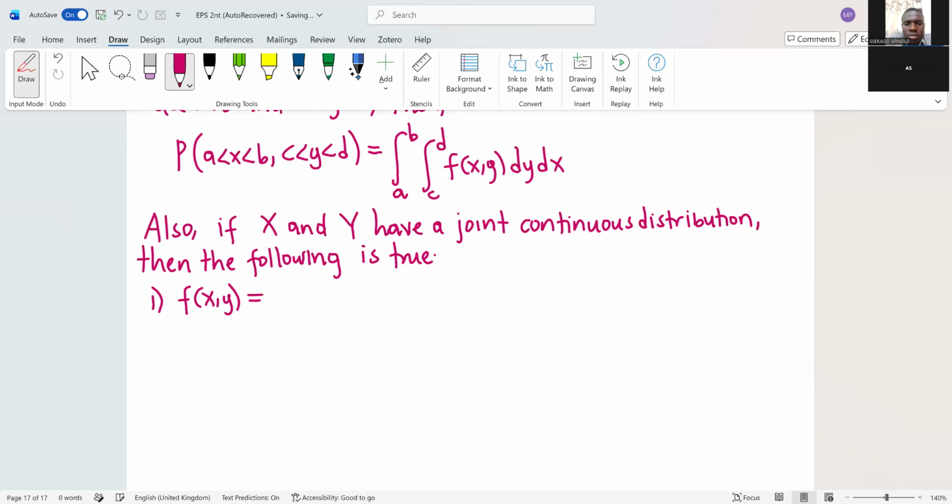Now here, for continuous, this is not discrete. Continuous is over a certain range, over a certain region. So probability at a particular point, as opposed to probability over a region, is 0.